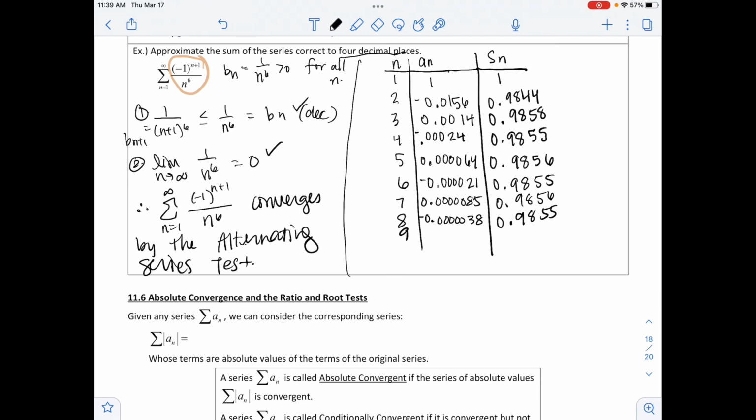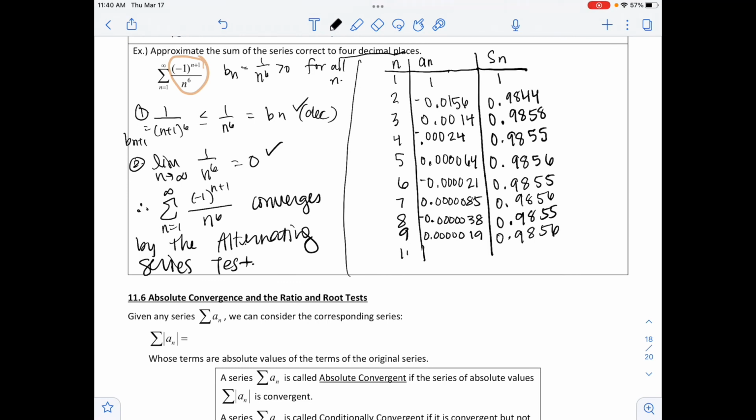So then our 9th term is going to be 0.000019, and adding this in, we get 0.9856. So again, hopefully one more term.